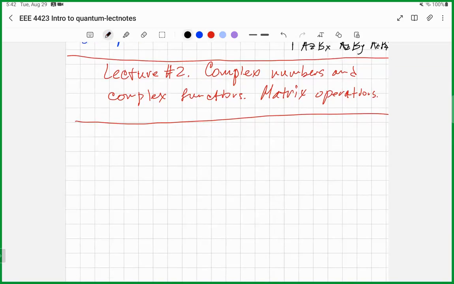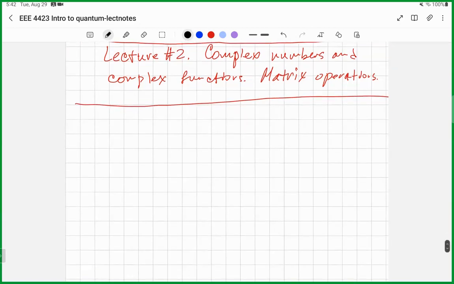And actually, the whole quantum mechanics, quantum computing is based on vectors and matrices of complex valued elements, complex valued numbers and functions. So this is also a must know.